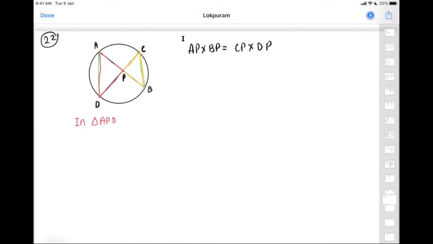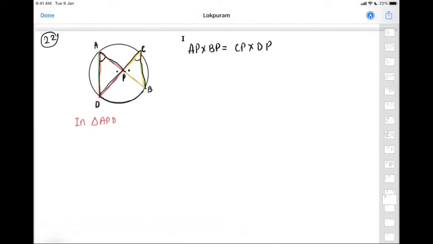In this, we can say this angle is equal to this vertically opposite angle. These two angles are equal because they are angles in the same segment. See, this angle and this angle are in the same segment DB.